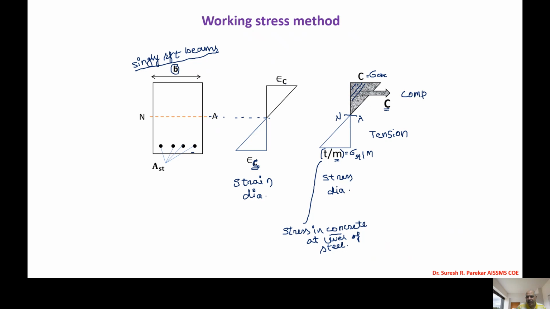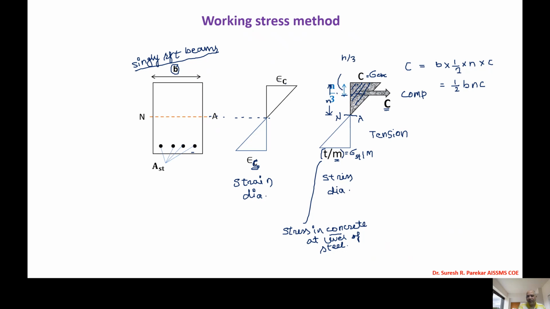Let the neutral axis dimension be N. So we have B into area, half into N into sigma CBC, and this will be my compressive force C, that is half B N sigma CBC. Now where will it act? As this is triangular, it will act at N by 3.